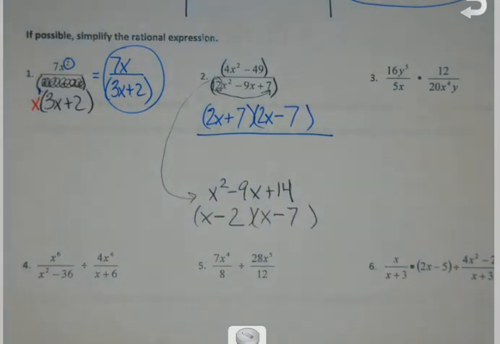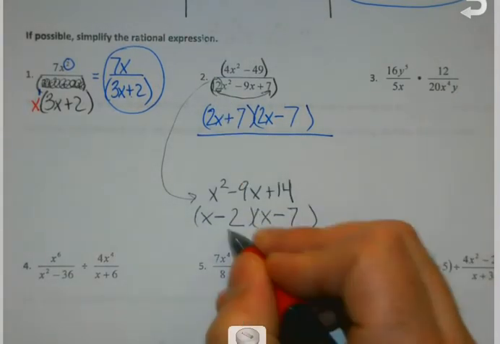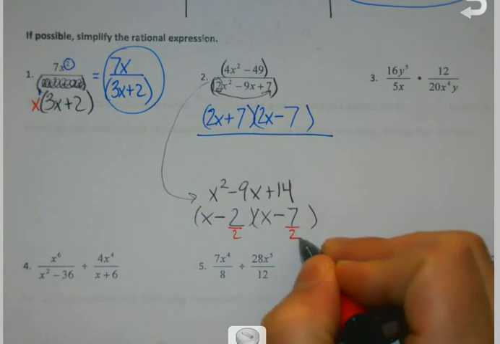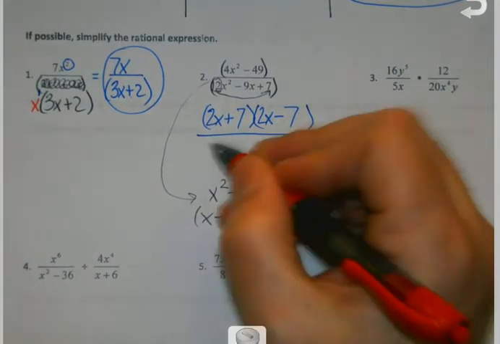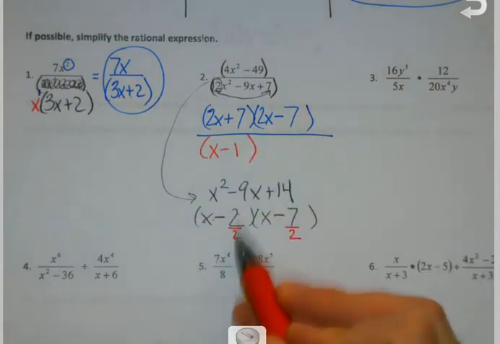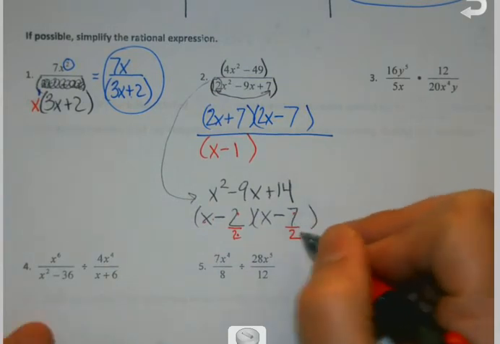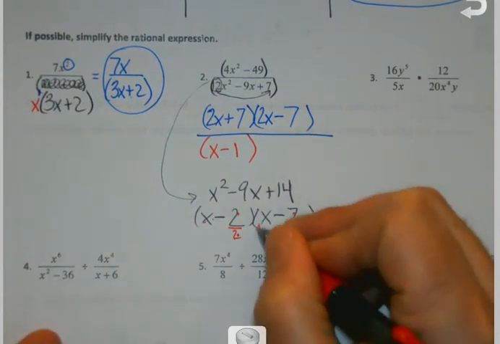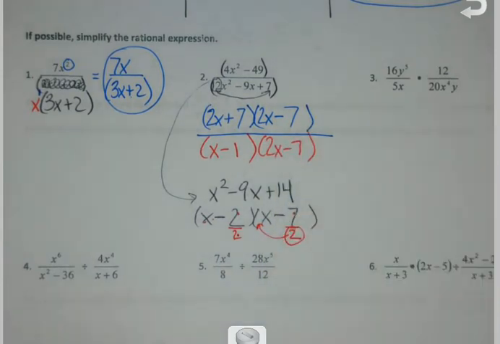But remember, since it's slide and divide, that number that I slid has got to get back in here. So it would be x minus 1, because 2 divided by 2 is 1. And since 2 doesn't evenly go into 7, that's as simple as this fraction gets. I slide that 2 back to the front.